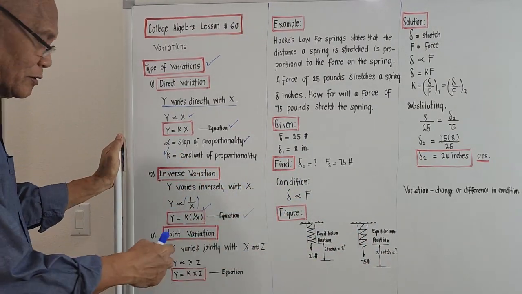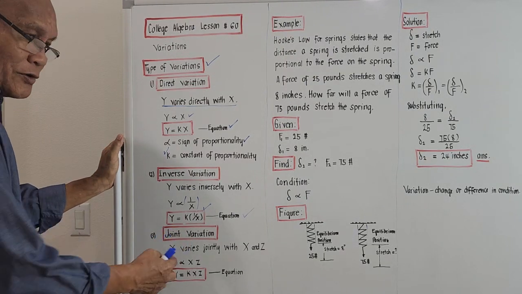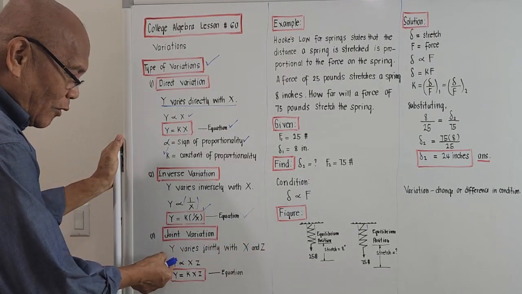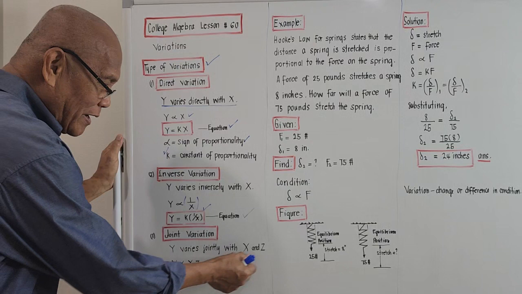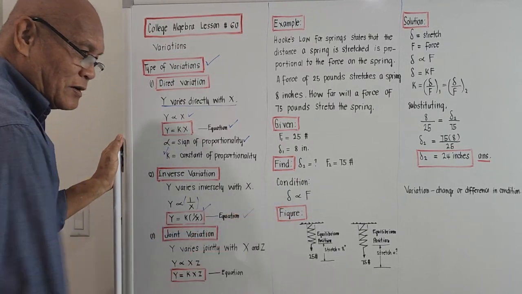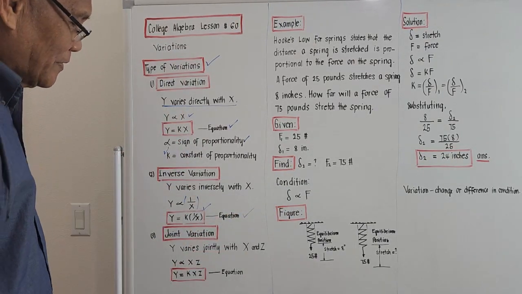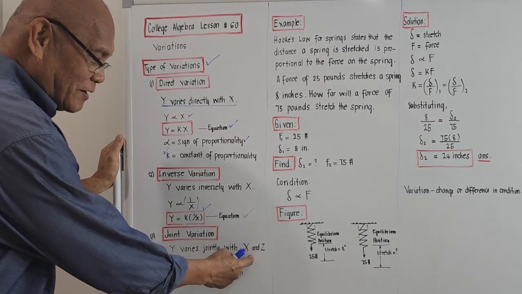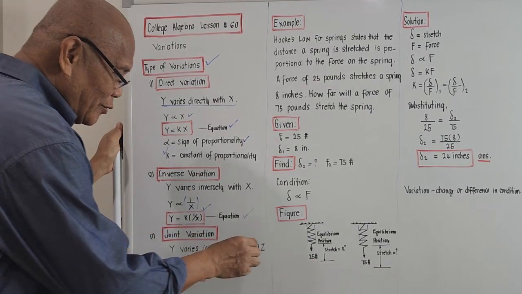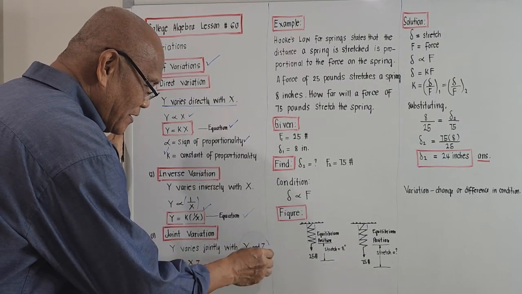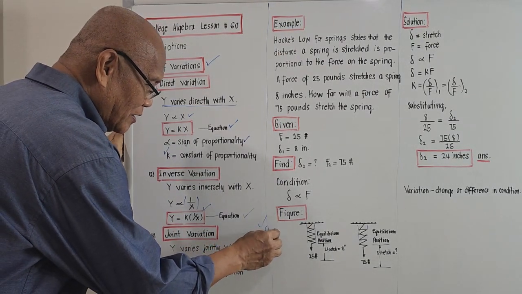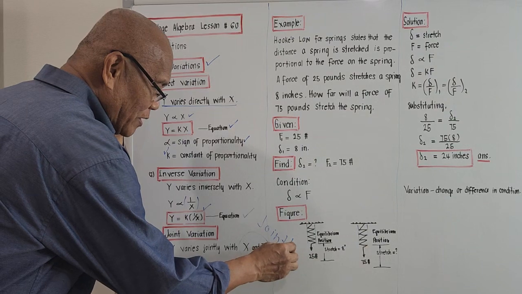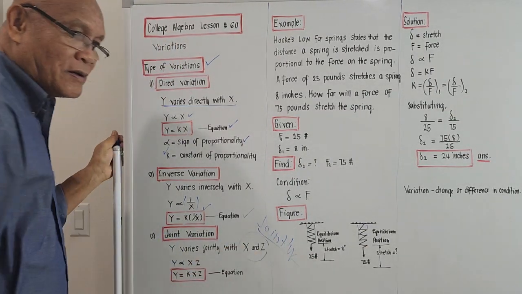So if I put this joint variation in English language, y varies jointly with x and z. As you can see, the right hand side is in terms of x and z. So when we mean x and z together, the proper word for this is jointly.